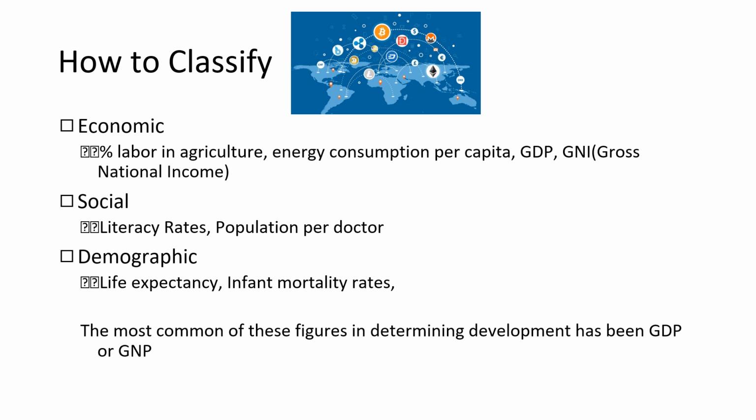If so, that is a country that is continuing to develop and going in the right direction, as well as infant mortality rates in terms of the number of babies who are dying within that particular country. If those infant death rates are high, then you can point towards a country that is not developing as much.